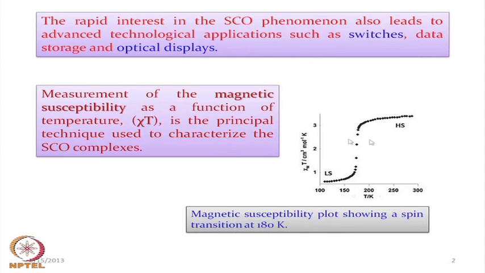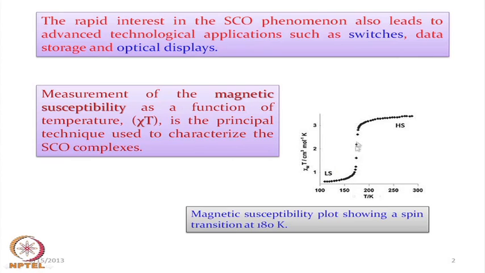This is nothing but the magnetic susceptibility plot showing a spin transition at around 180 K. We have the range, starting from here and ending over here, but the average is this particular point. This staircase type of plot is well known to us from other physical measurements, like the potentiometric titrations of acid and base and the redox parameters.